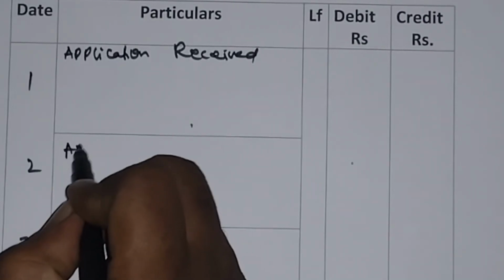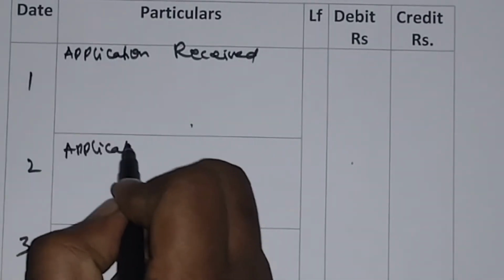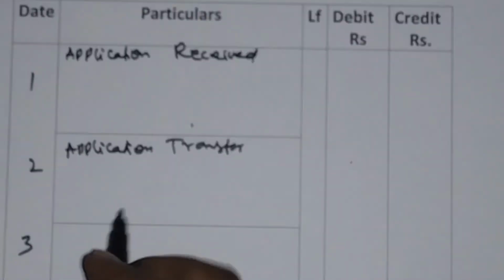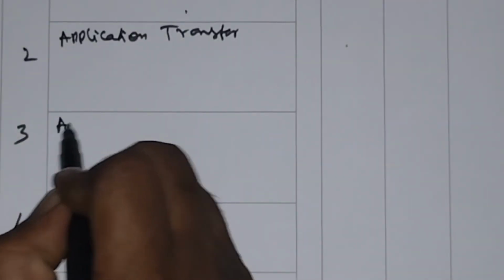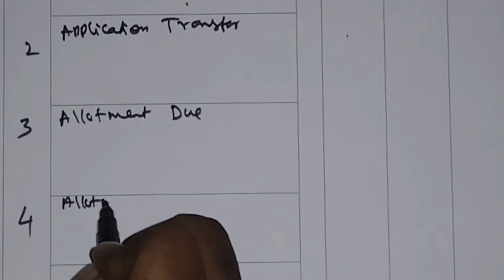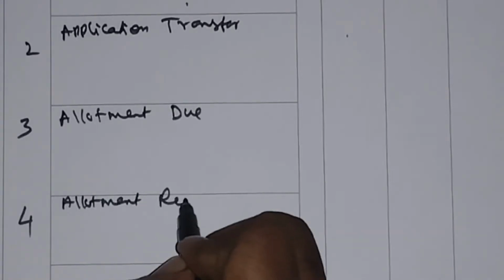The second one is application transfer. The third one is allotment due. The fourth one is allotment received.